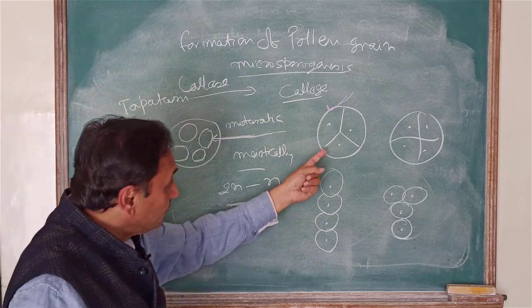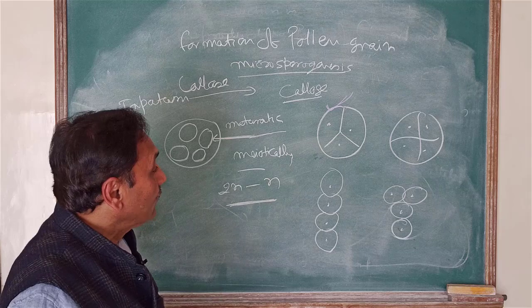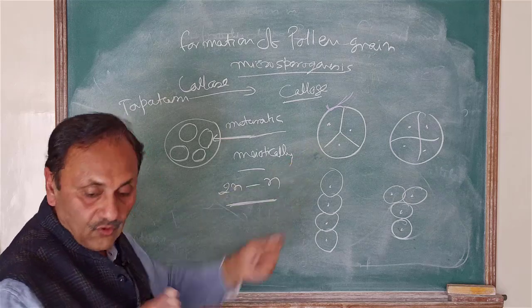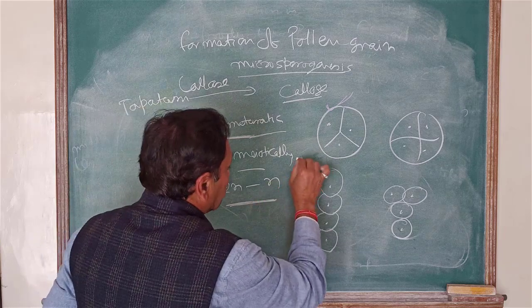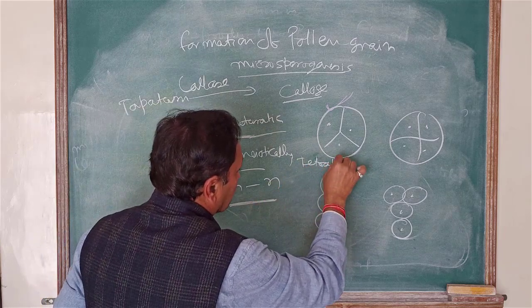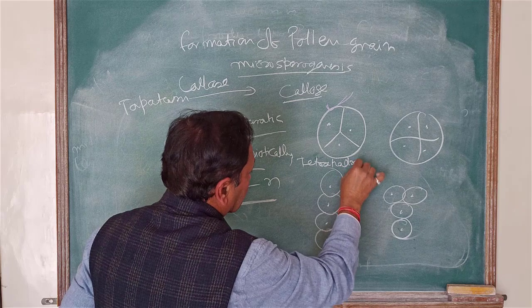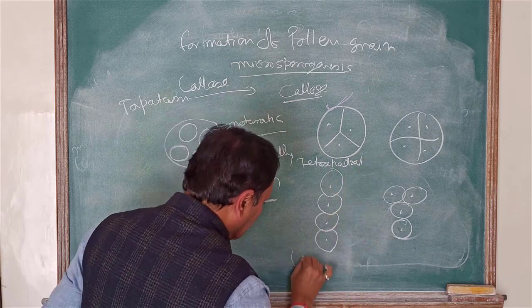This is one of the most common types of pollen tetrad found in angiosperms. It is called tetrahedral. This is called linear.